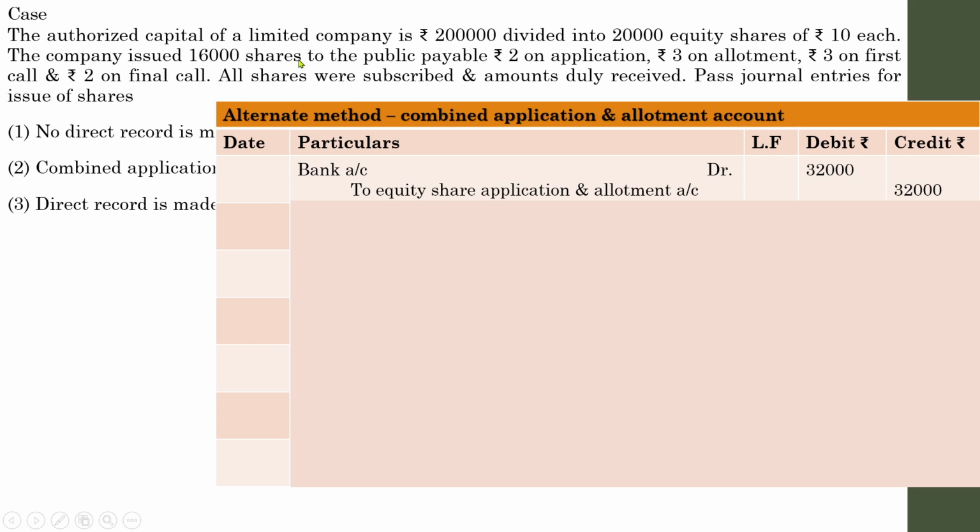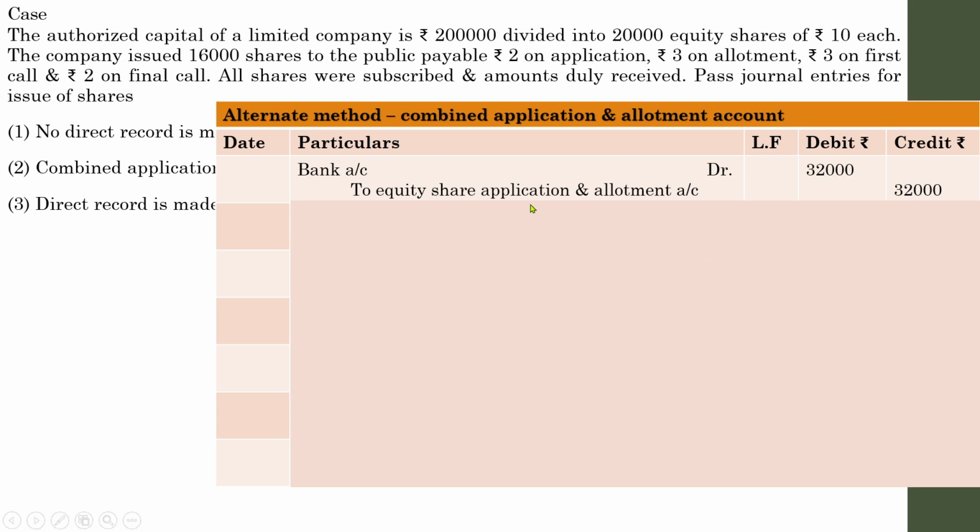It is something big, but the payment entries should be shown separately, even though we are writing the application and allotment together. So here we will show only the detail of application, because receiving the application or subscription money is the first thing that is going to happen. After that only allotment money is received.